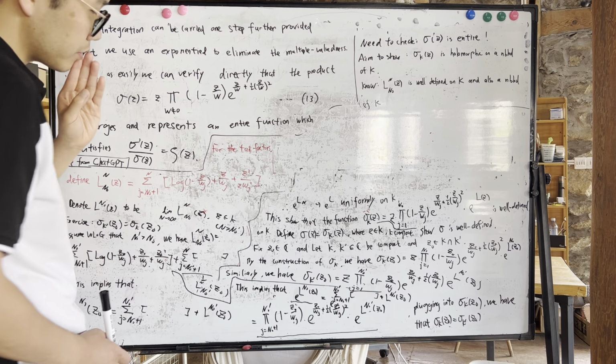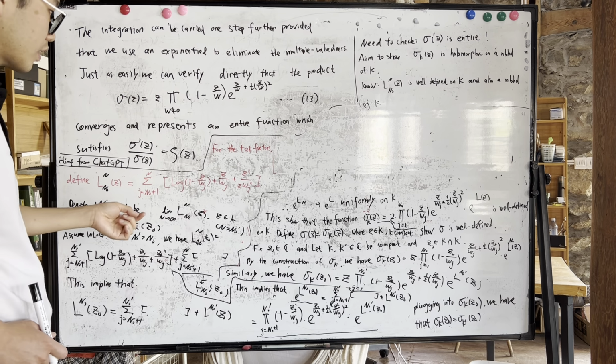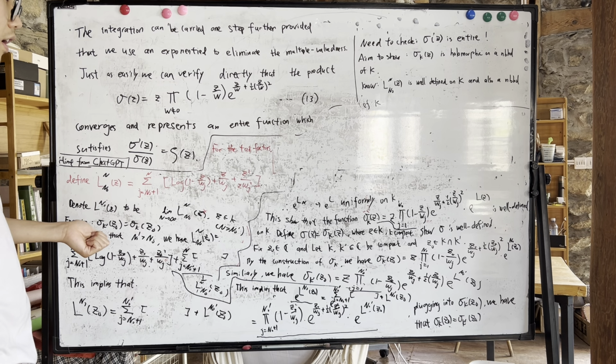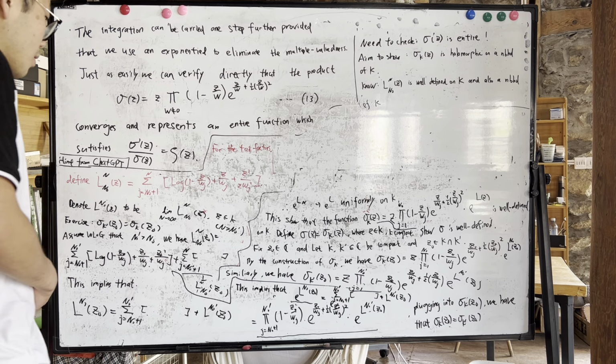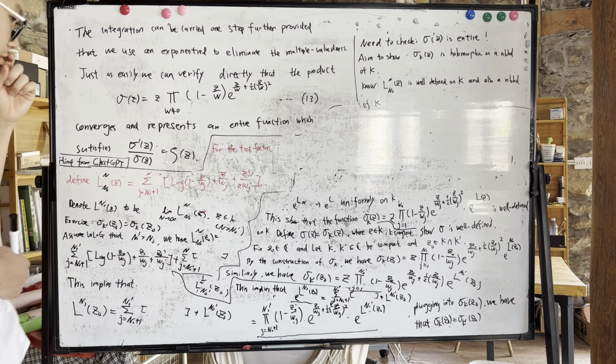And we know that modulus z is less than r, so the whole thing is less than 1/2.